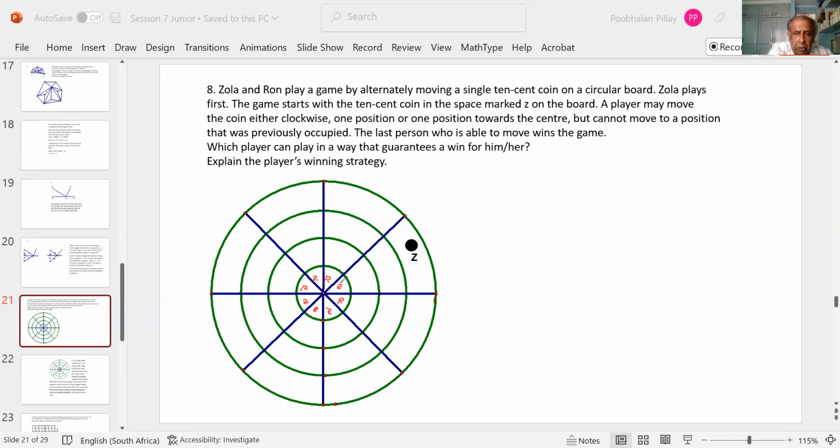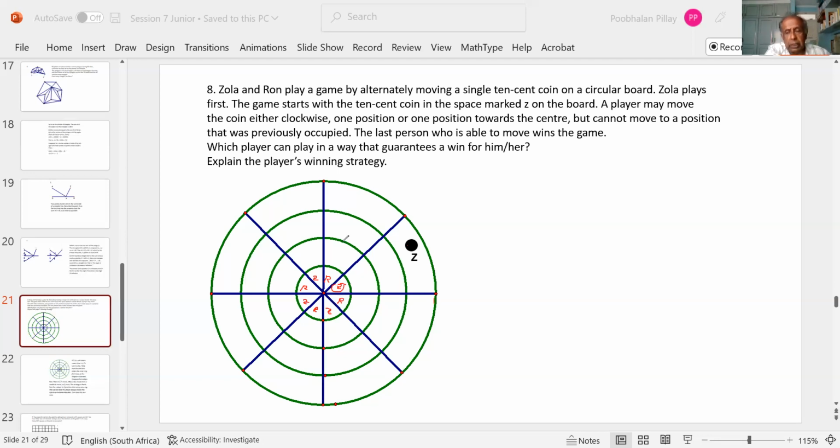So the moral of the story is that when Zola is the first to enter the inside circle, then Ron wins. So Zola will have to play in such a way that she is not the first to move there. She'll try to force Ron into the center, because once she forces Ron into the center, she will definitely win the game, as we've just seen.